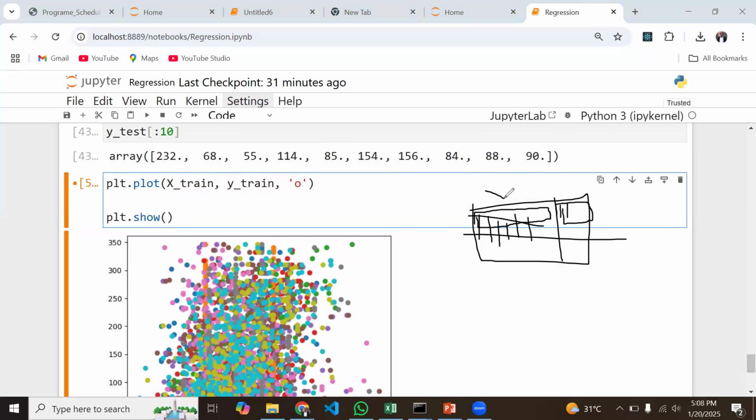We have X train over here, and then the Y train. We have X test, and then the Y test. Okay, so let me just plot Y train, Y test over here, because these are the actual values.